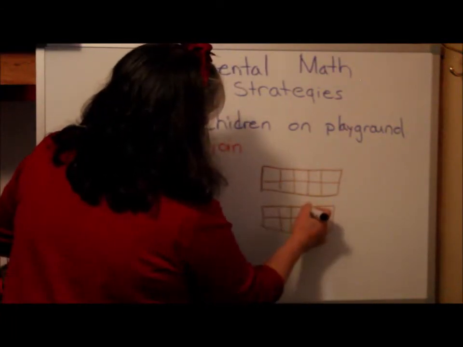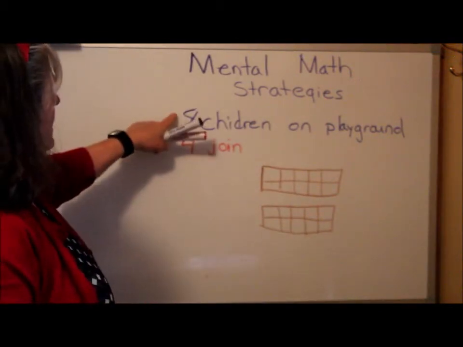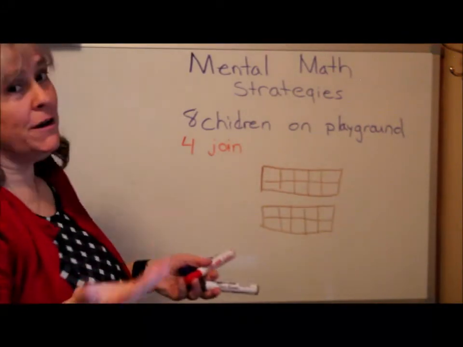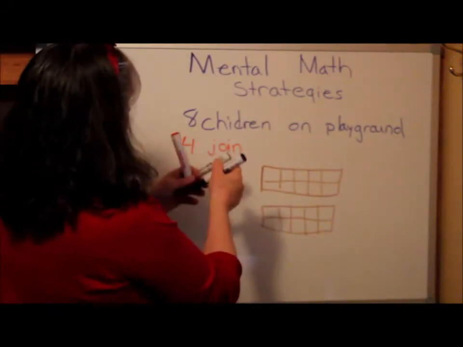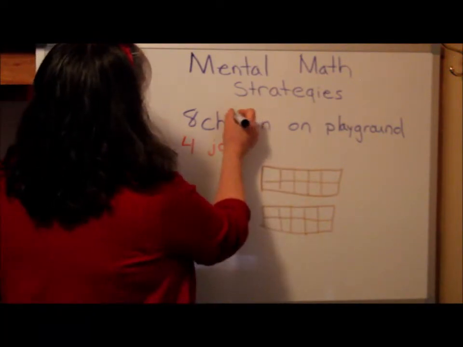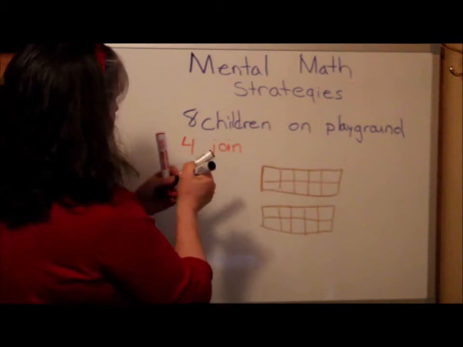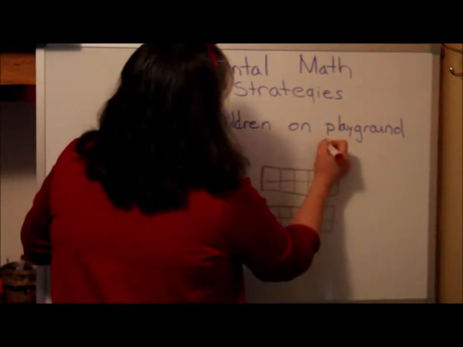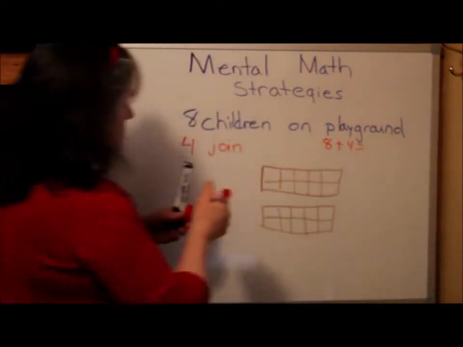If we look at this, 8 children are on the playground, 4 more join in. I'm also missing an L in children. I'm going to write the equation right here. That is 8 plus 4 equals.